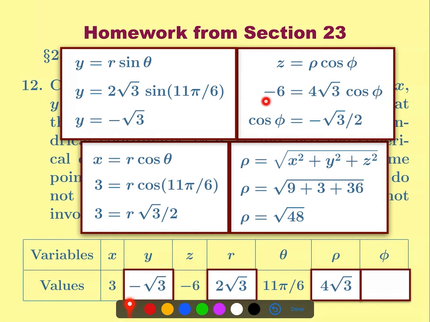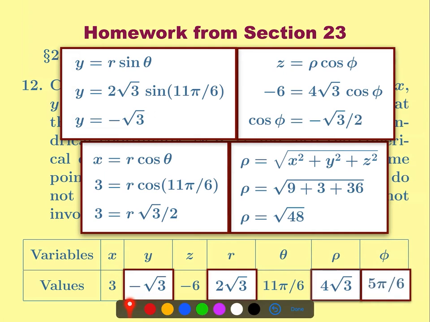And so we're just going to figure out phi from here. This is 3 times 2 if you want. You divide by square root of 3, then you'll have the square root of 3 times 2. Divide by 4. And 2 will cancel, and you'll have minus root 3 over 2. So cosine of phi is minus the square root of 3 over 2. So what does that make phi? Keep in mind, phi is between 0 and pi, and phi is going to be 5 pi over 6 then.